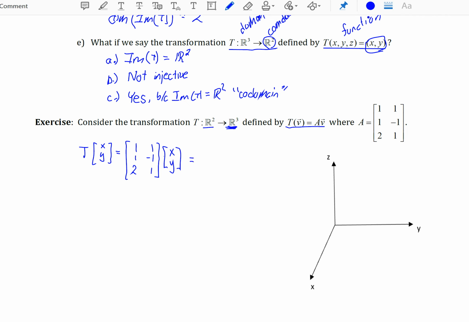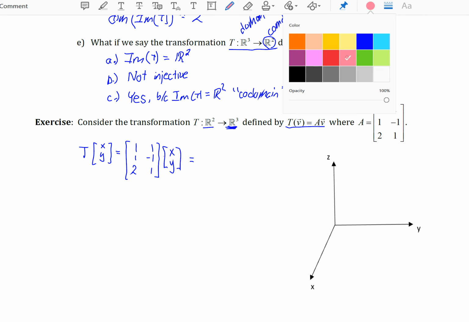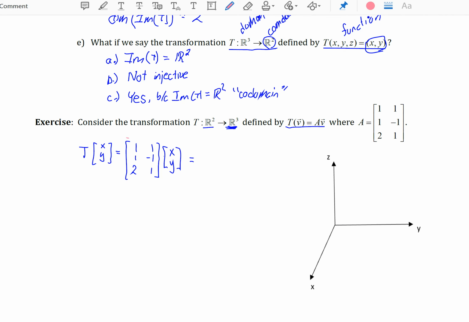Now, when I multiply this matrix, which is a 3 by 2, times this 2 by 1 vector, we should get back an output. There are different ways you can consider multiplying this. I'm actually going to write it a first way, and then I'm going to erase it and rewrite it the way I'd like to write it. If we recall how we did this initially, we take any particular row and multiply it by our column.